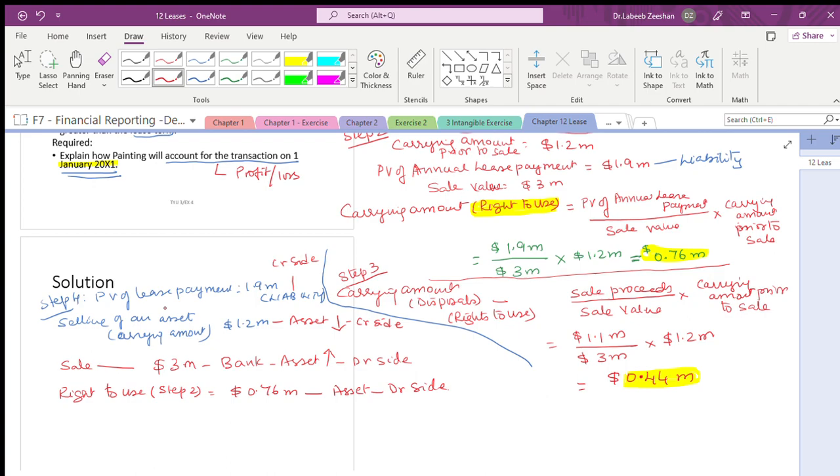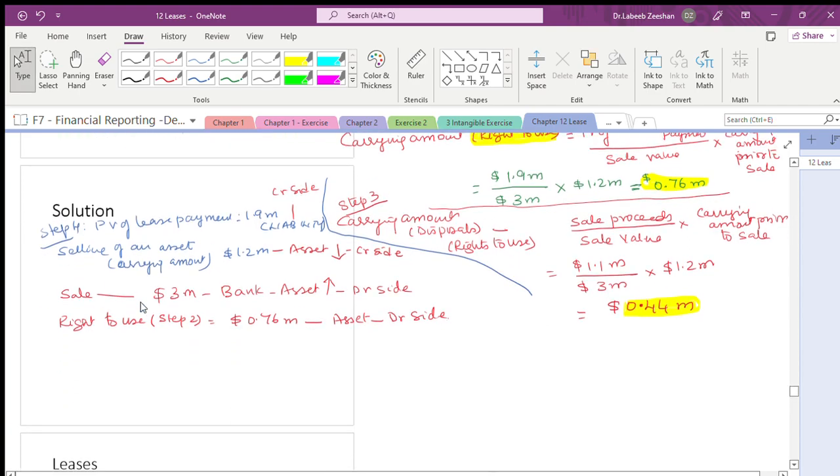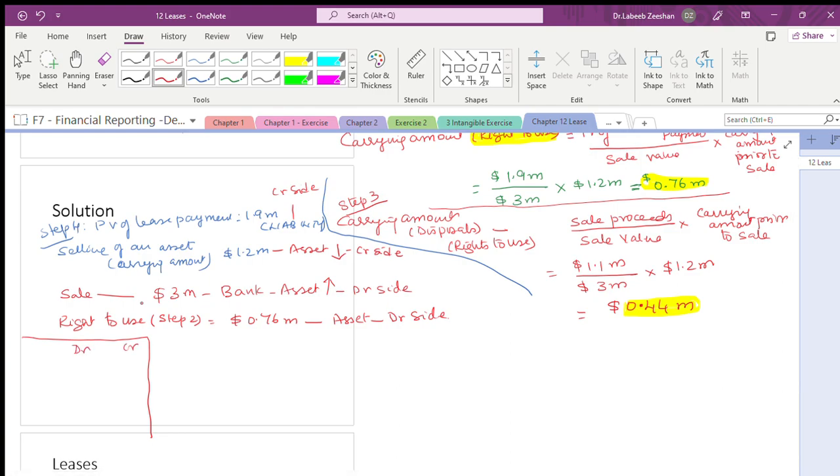Fine. Now, I am just doing this only for our understanding. Debits and credits. You have the bank. How much is the bank debit?